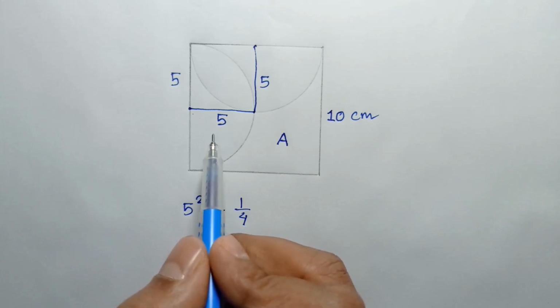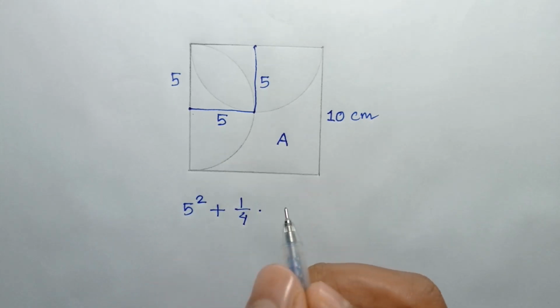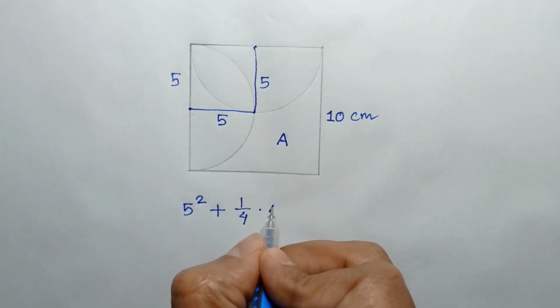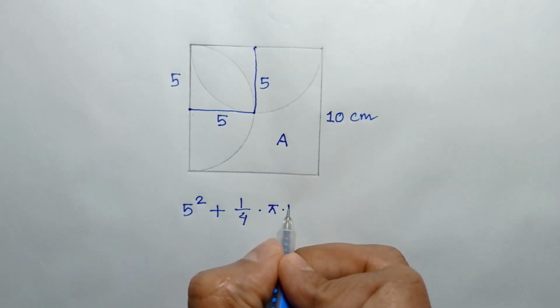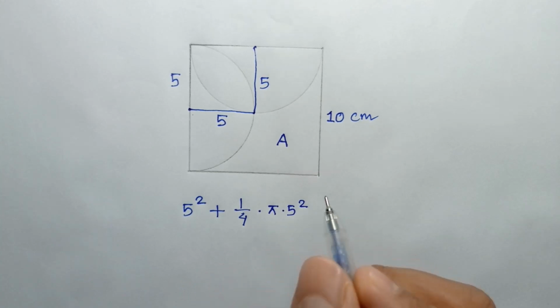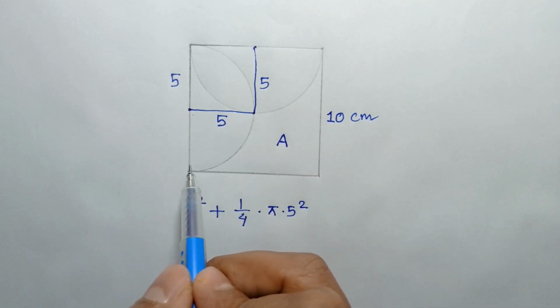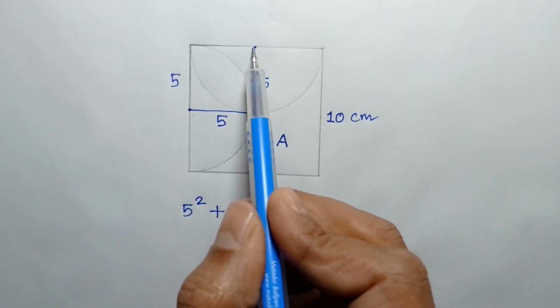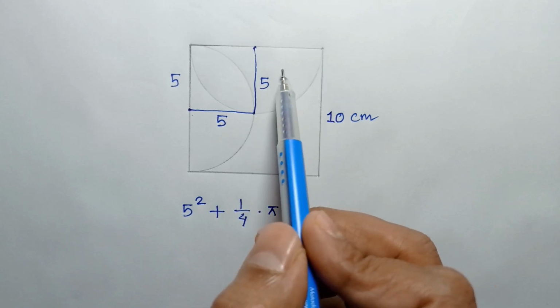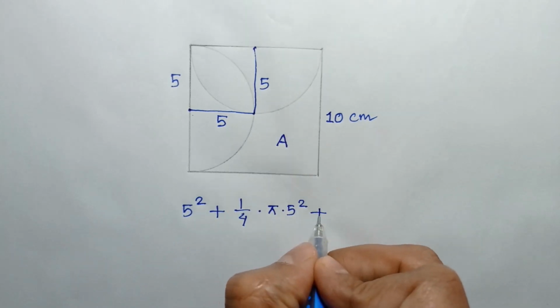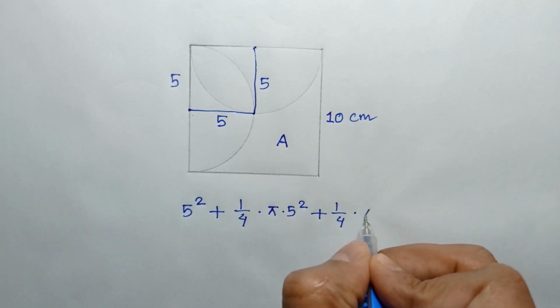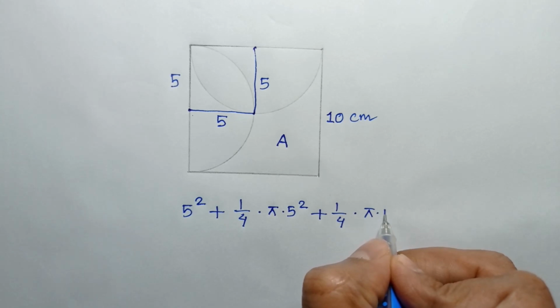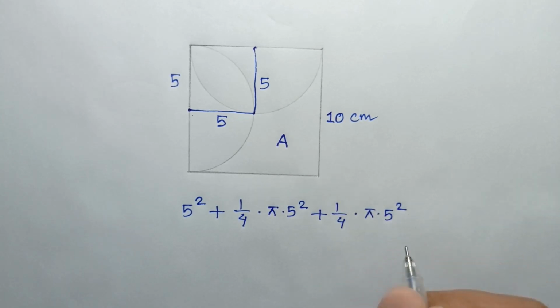So the area is pi r square, so pi and the radius is 5, so 5 square. This is the area of this segment. Similarly, the area of this quarter circle is also 1/4 of pi times the radius 5 square.